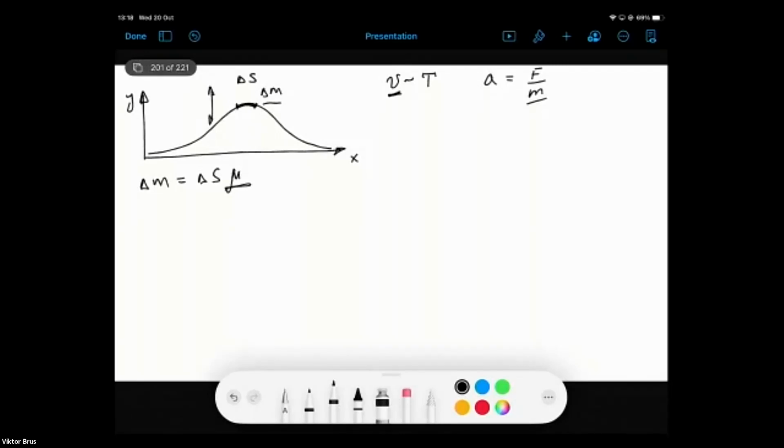But that is a feature of the string. It doesn't change. It doesn't matter which length of the string we take. It's uniform along all lengths. So it's a property of the string itself. That's the parameter we want to operate with.